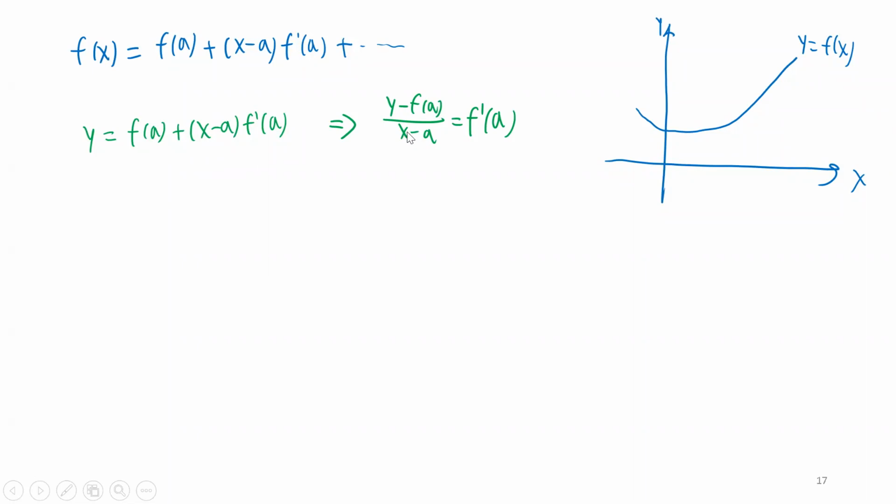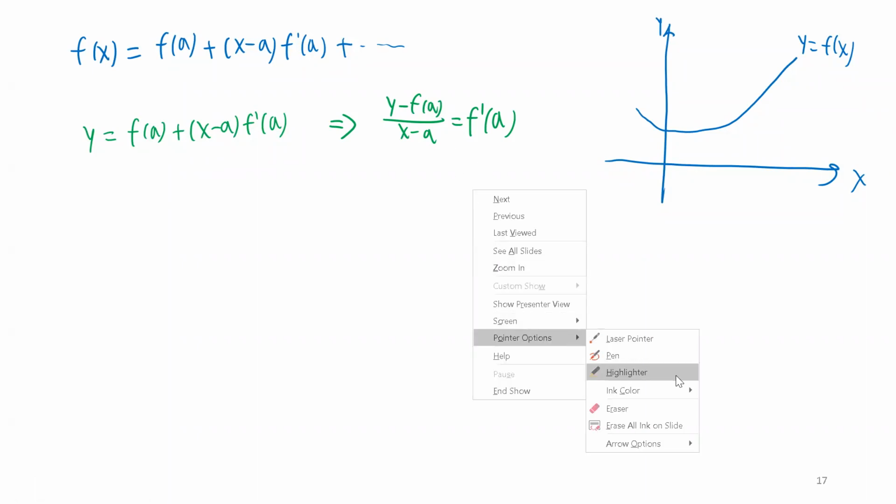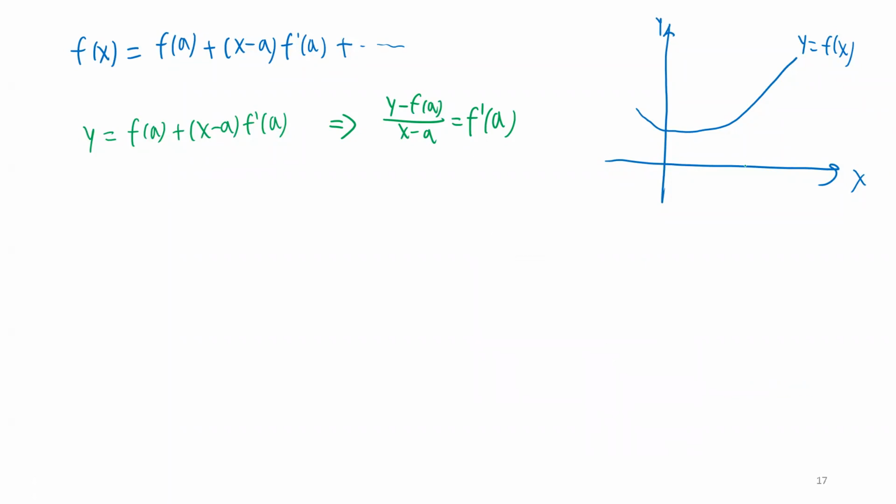It tells you that the line passes through a point: suppose this is a, then this is f of a. So the point is a, f of a, with x coordinate a and y coordinate f of a, and the line passes through this point.